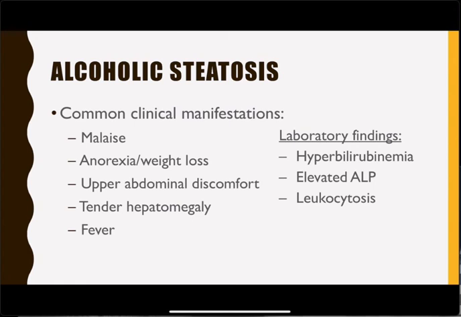Now, this list of symptoms that I just read off the slide for you can be brought on acutely after a bout of particularly heavy drinking. So if somebody is an alcoholic, they might have the underlying fatty liver, and then they have a night of extremely heavy drinking, and it will acutely raise all of these symptoms.